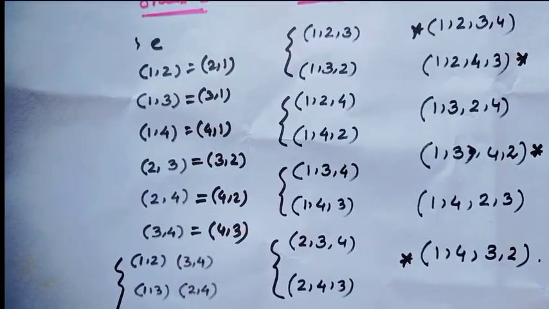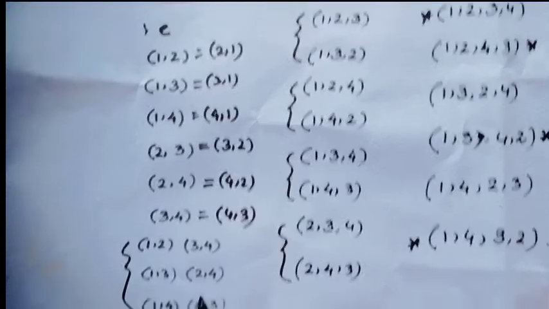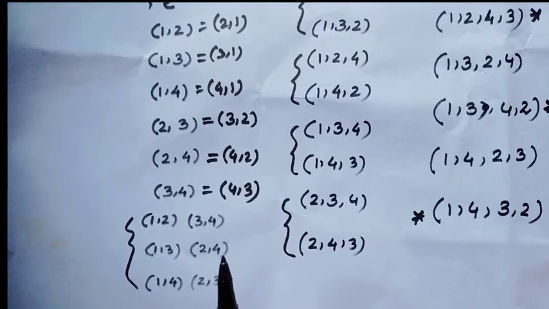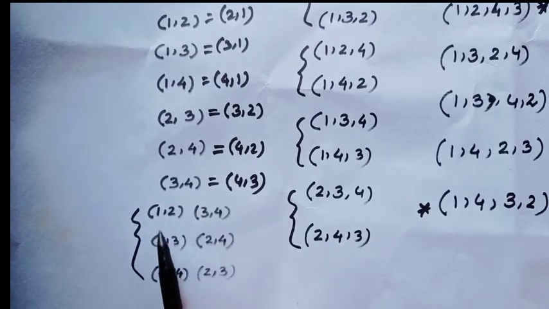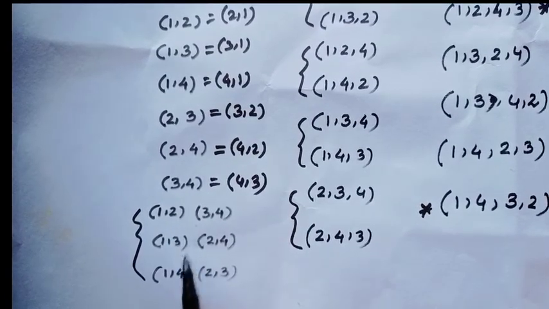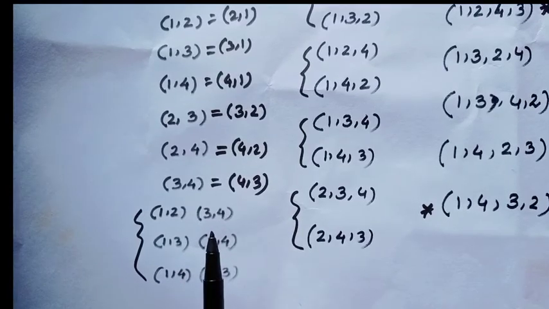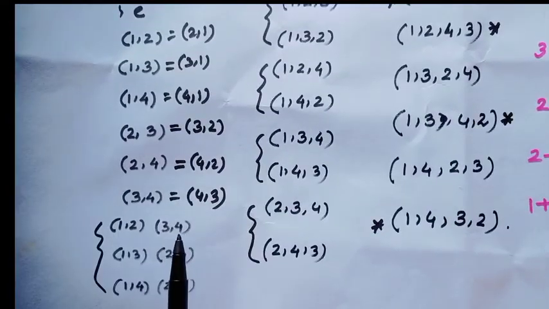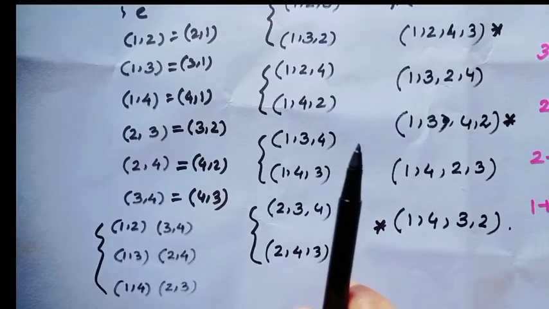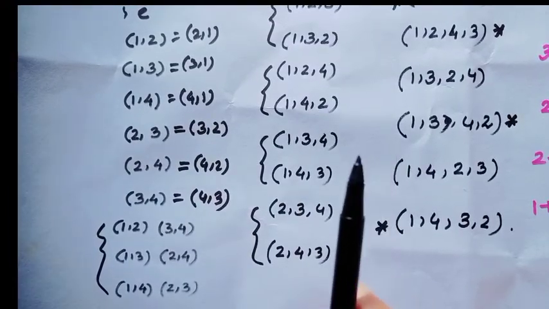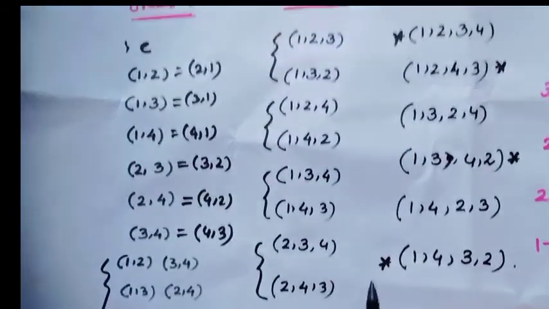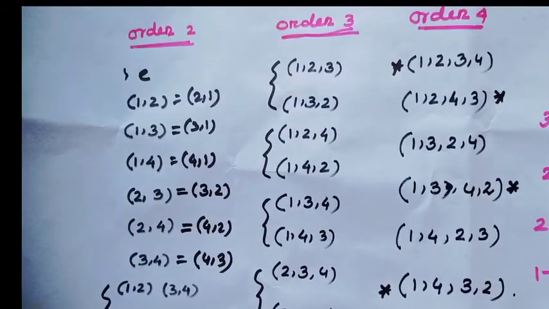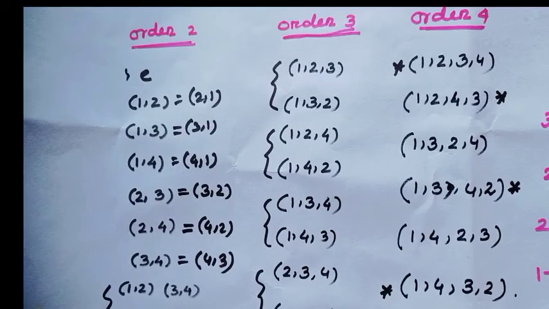And we always know if the number of transpositions is even, then this cycle is even. So this disjoint 3-2 cycle is an even permutation. And we also know a cycle of even length is odd and a cycle of odd length is even. So these 3 cycles are always even permutations.